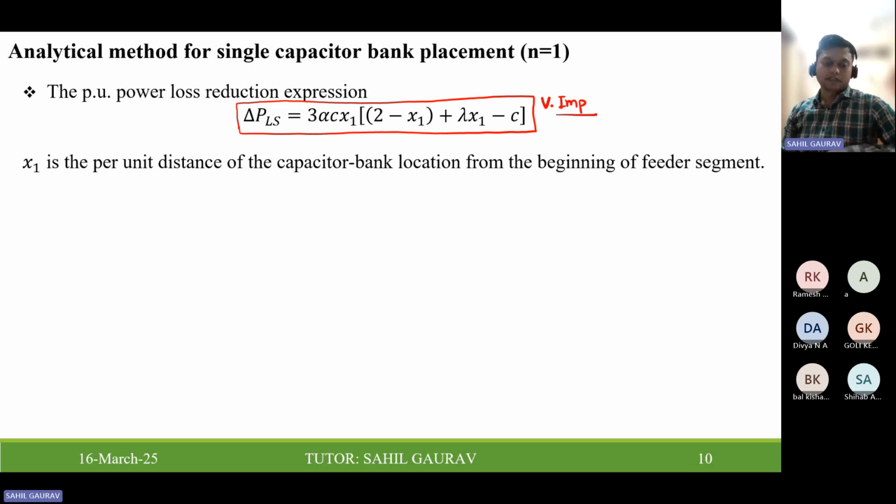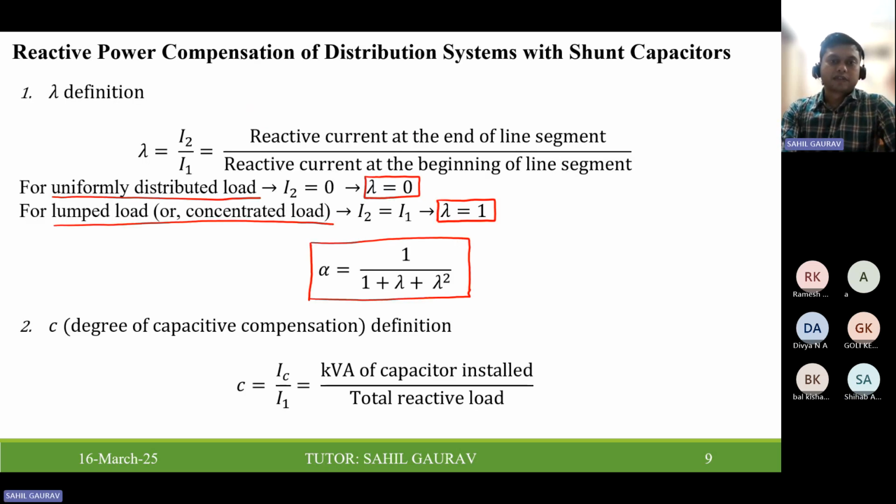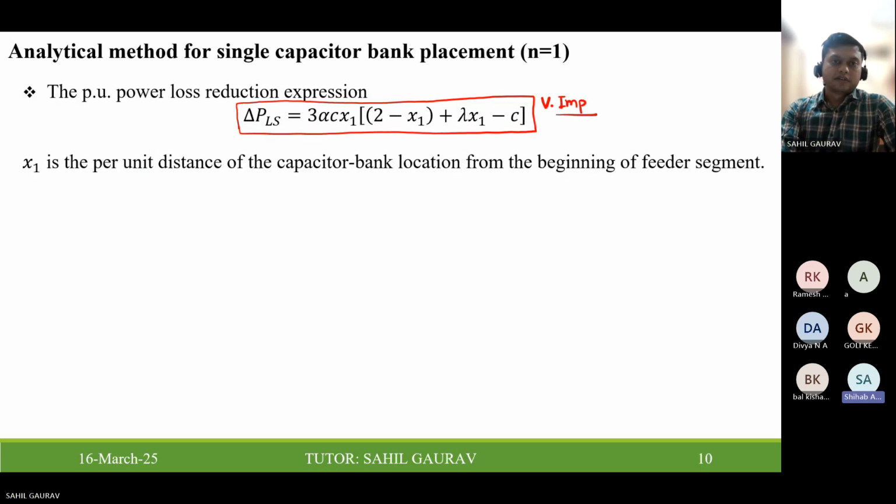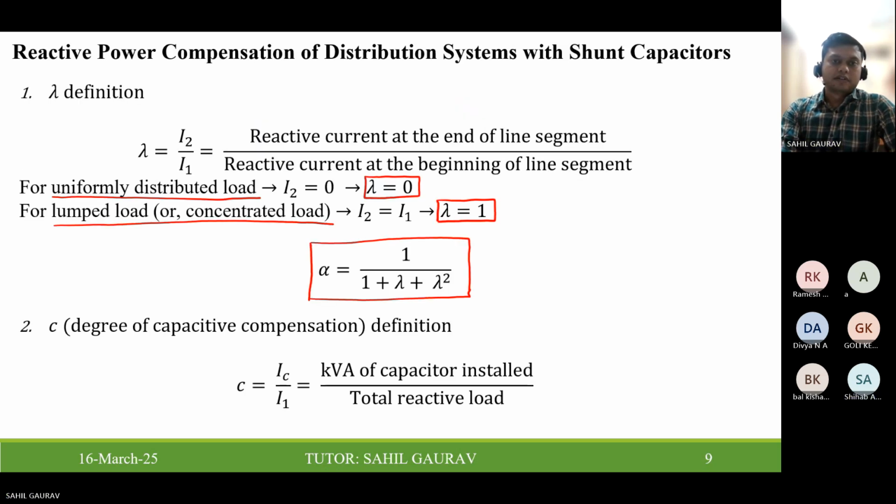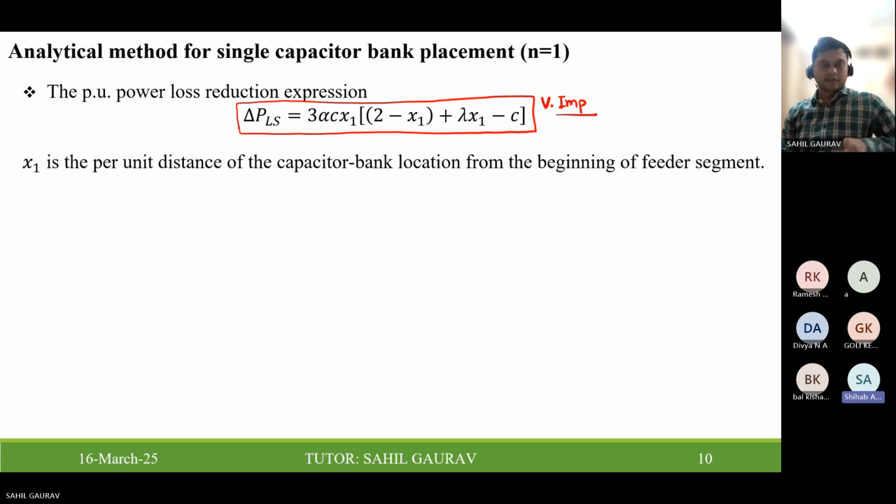For lumped load, the alpha value will change. Yes. Like, I will show an example. Like if a feeder is given with uniformly distributed load.